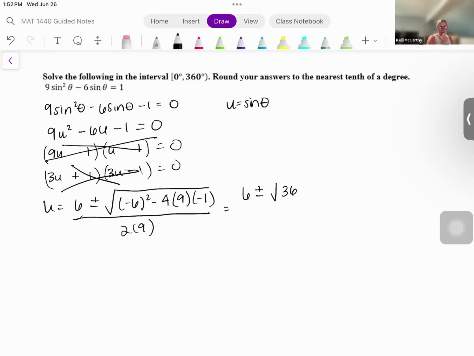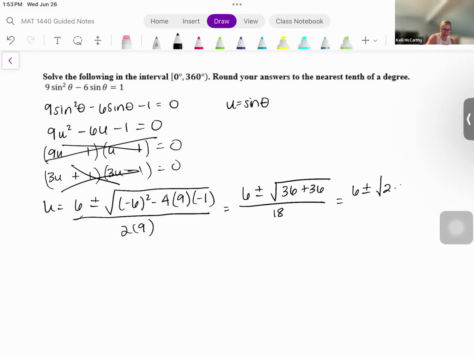Simplifying underneath the radical, -6 squared is 36. -4 times 9 times -1 is another 36, divided by 18. 6 plus or minus. I'm going to rewrite this in a very special way just to help us simplify this.